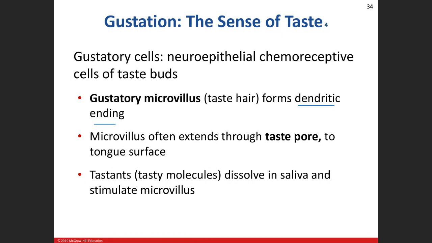Once the saliva starts to actually kick in, when you have that visceral reflex, do you remember which cranial nerves? This just jumped into my head. Does anyone remember the cranial nerves that will stimulate the submandibular, the parotid gland, and the sublingual salivary glands?